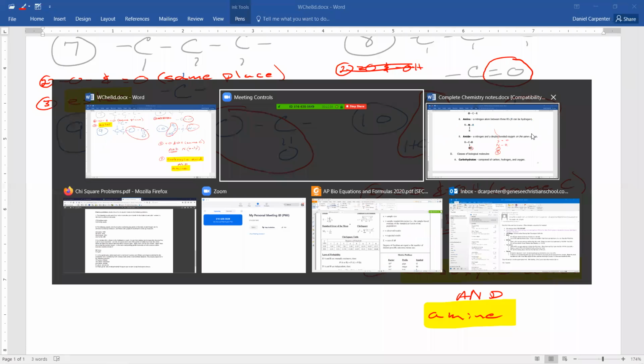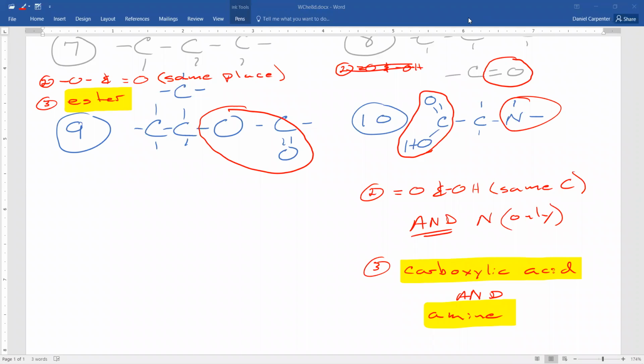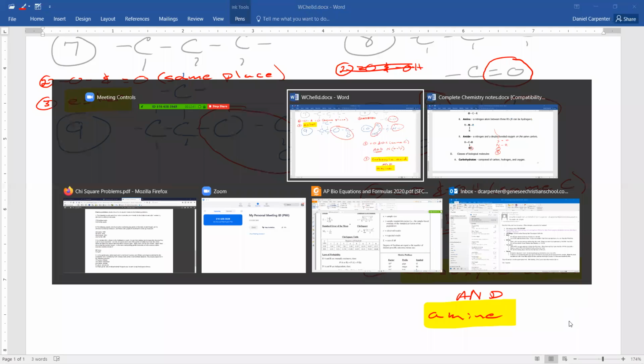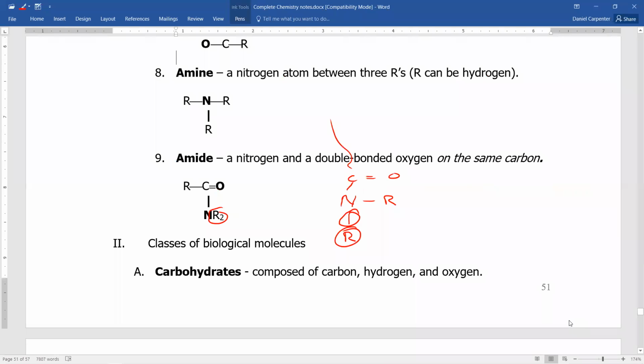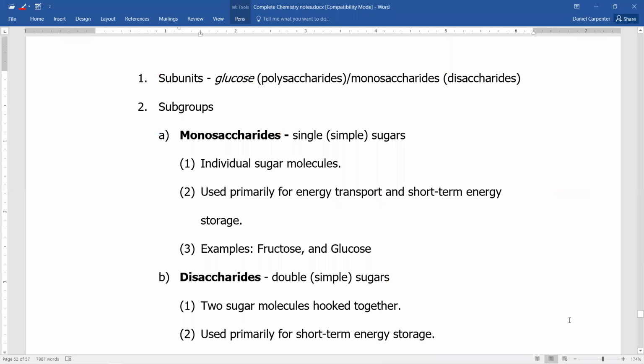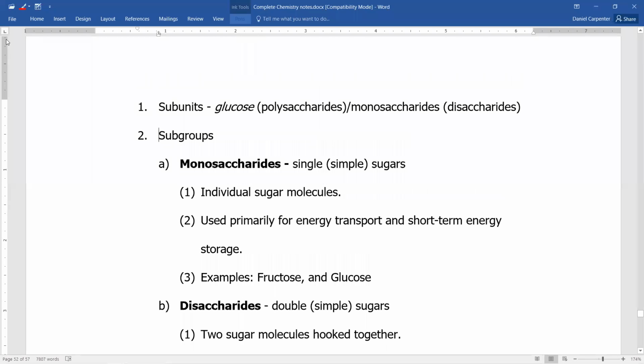All right, this brings us to the notes. Now we've been talking about the carbohydrates. So in carbohydrates, we had the monosaccharides, which are single sugars, one ring. Remember this. I don't plan on writing this every single time, but I'll do it one more time.